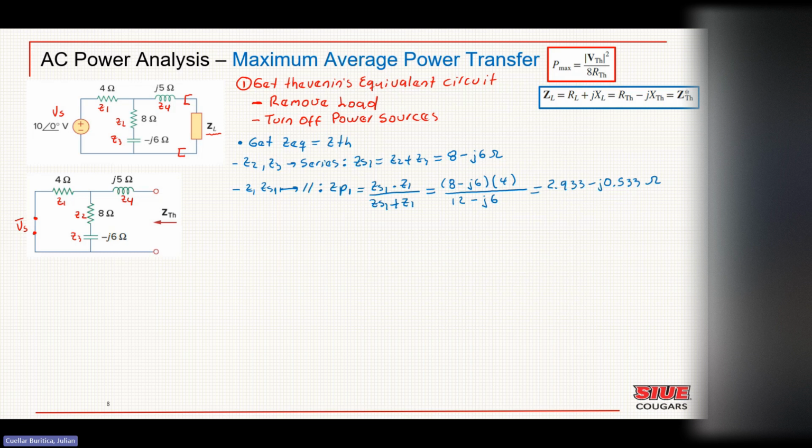And we finished. That's the entire equivalent impedance, so we need to do something else.